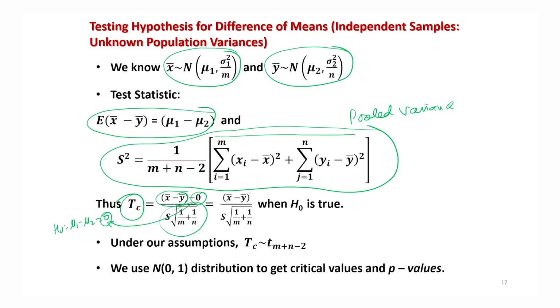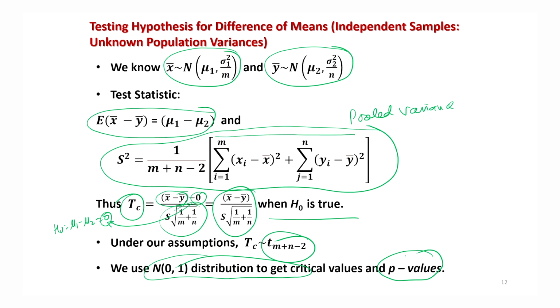So this is my test statistic TC, which follows a T distribution with m plus n minus 2 degrees of freedom when H naught is true. So in case the sample is large, then we can use the normal distribution to get the critical values, or when we are using the software, then we can use the p values to get the conclusion or the decision about the test of hypothesis.